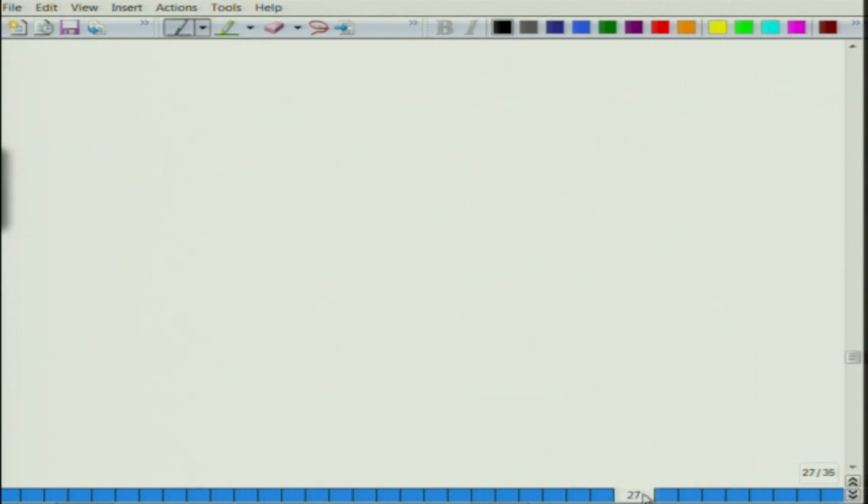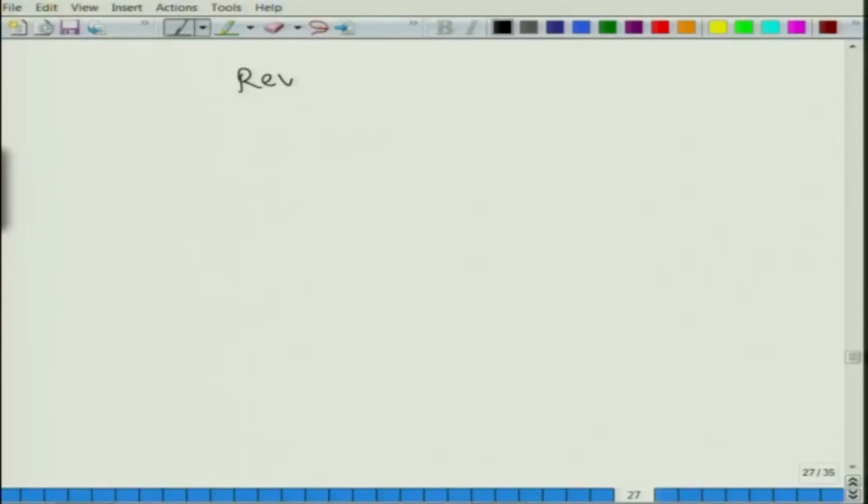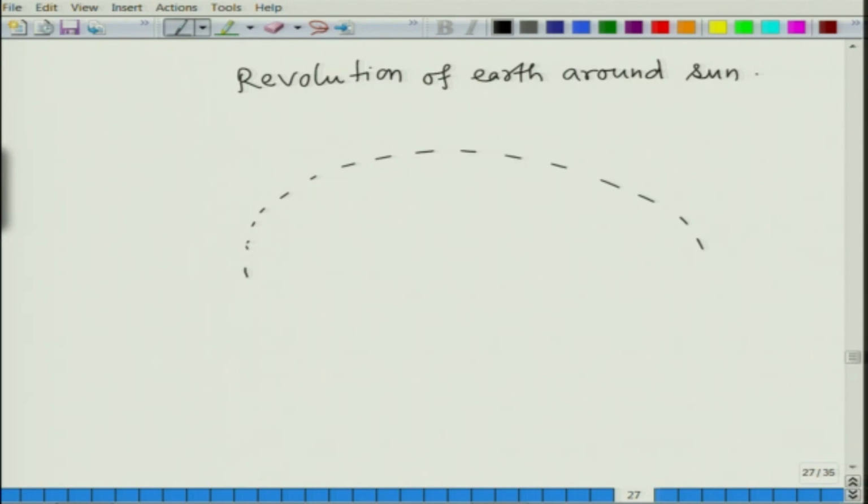So, in the last class I talked about the revolution of the earth around the sun, and we have seen that the earth has an elliptical orbit, and we have the sun at one of the foci of this ellipse.